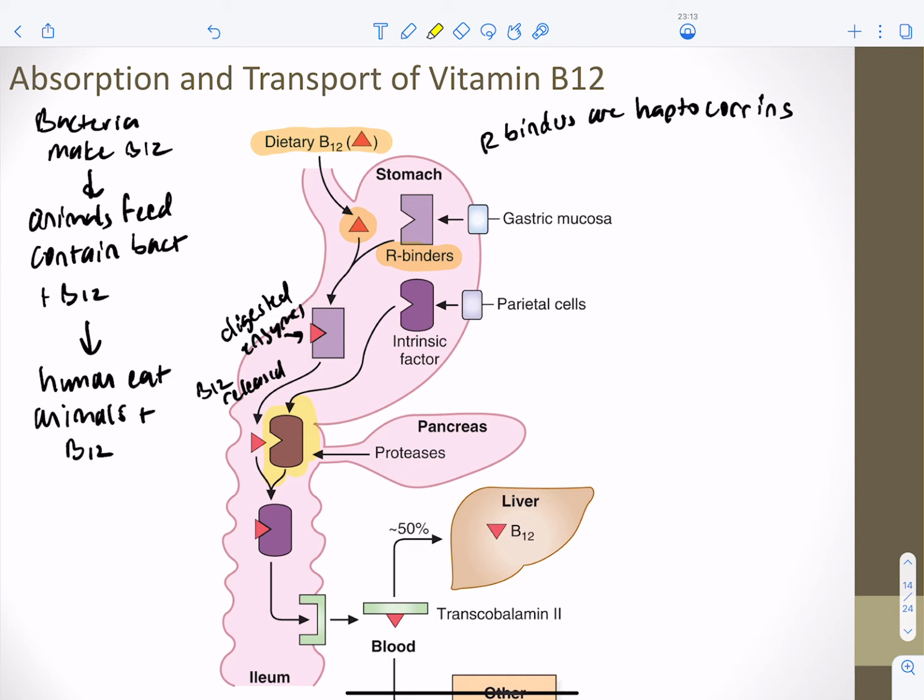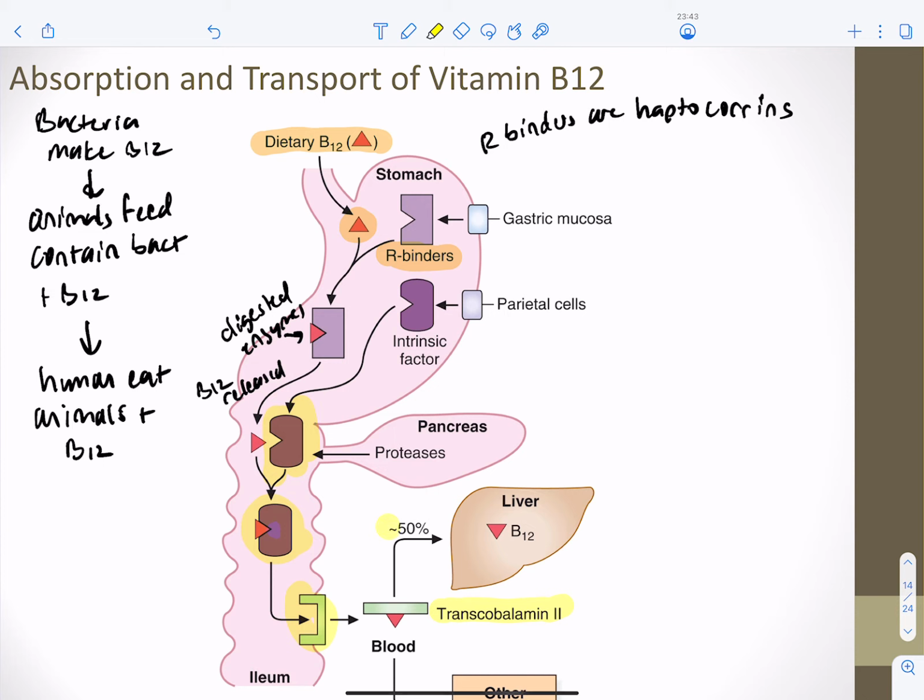Intrinsic factor is released by your parietal cells, and intrinsic factor bound to vitamin B12 can then bind to the receptor for this. The B12 within the enterocyte will complex with transcobalamin and then be released into the circulation.